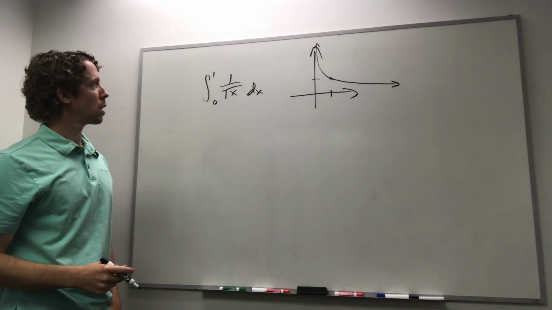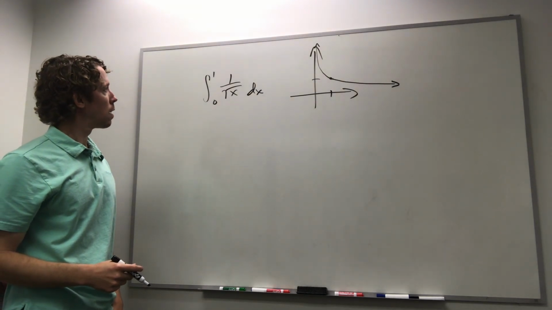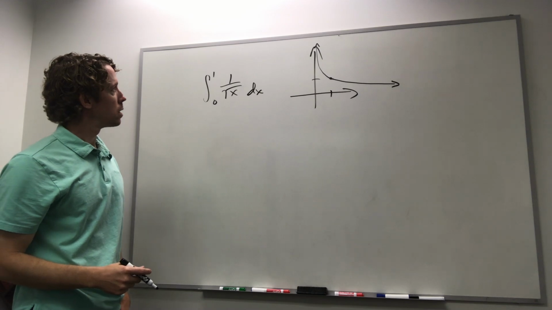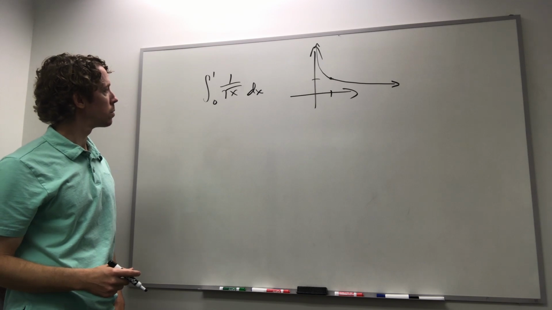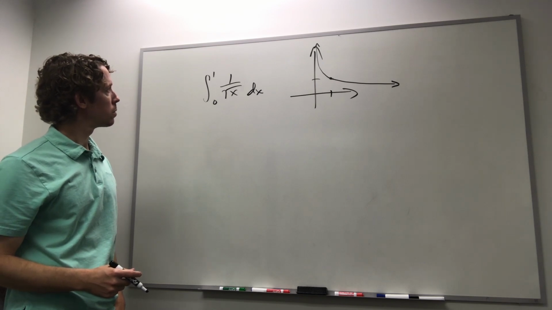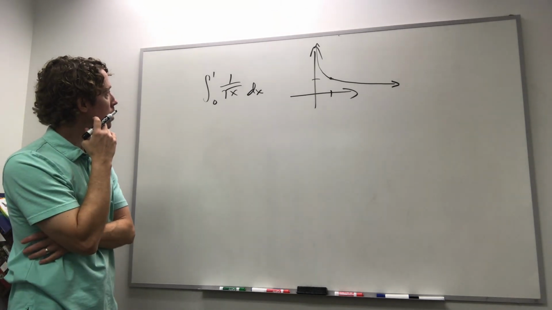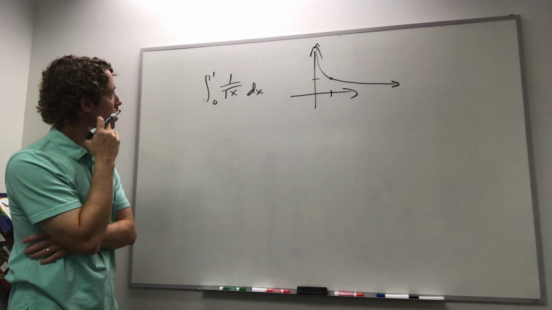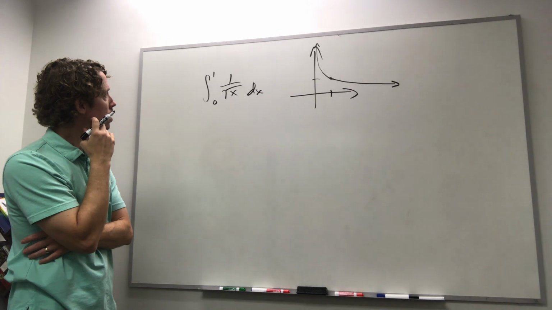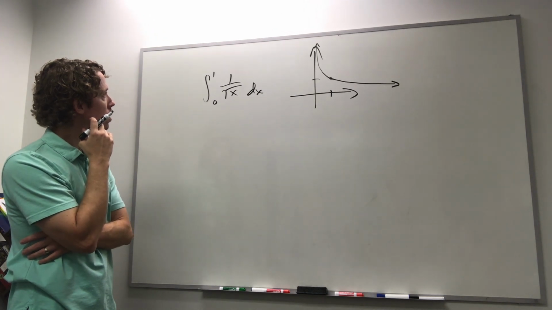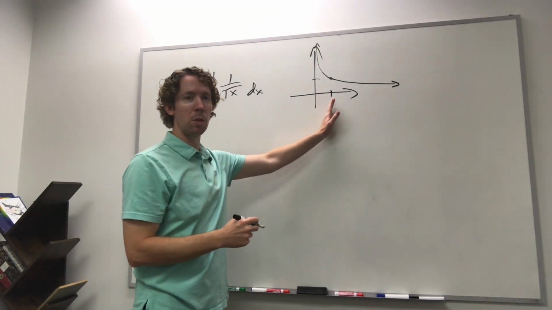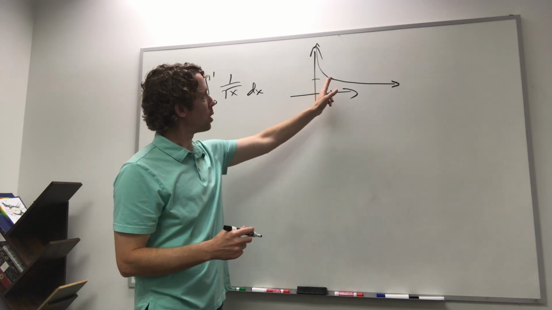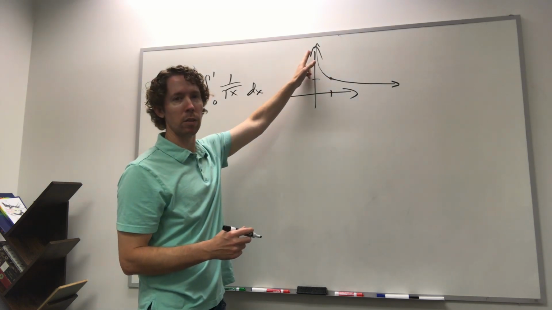How should I say that? As I move from 1 to 0, the y values climb more slowly than for 1 over x.